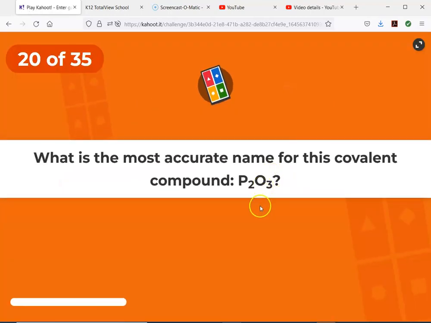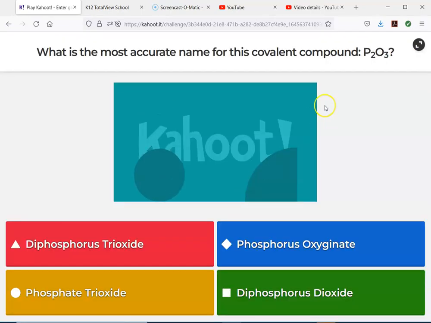Number 20, what is the most accurate name of this covalent compound? Always good to practice covalent compounds. Be sure to use the rules from class. P2O3. P is phosphorus. There are 2 of them. Di, and remember with covalent compounds we have to use those prefixes. Diphosphorus.